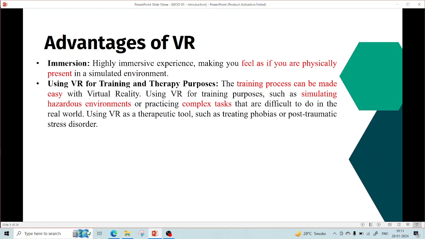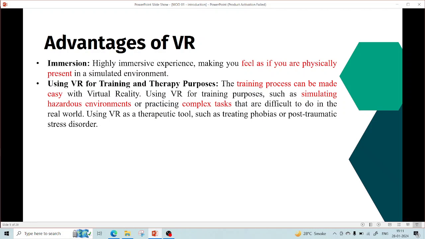Now, using VR for training and therapy purposes: training processes which are complicated, with multiple setups that are expensive and complex, you can create those setups virtually and train people on them.